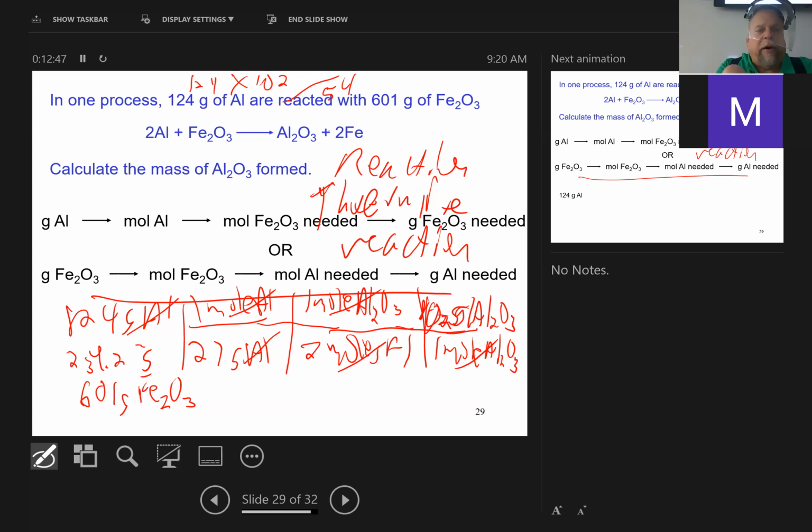So essentially we have iron oxide, 55.85 times 2, and that's 111.7 grams, plus 48. So that totals 149.7 grams. So you go this way now, 149.7 grams of iron oxide is 1 mole of iron oxide.